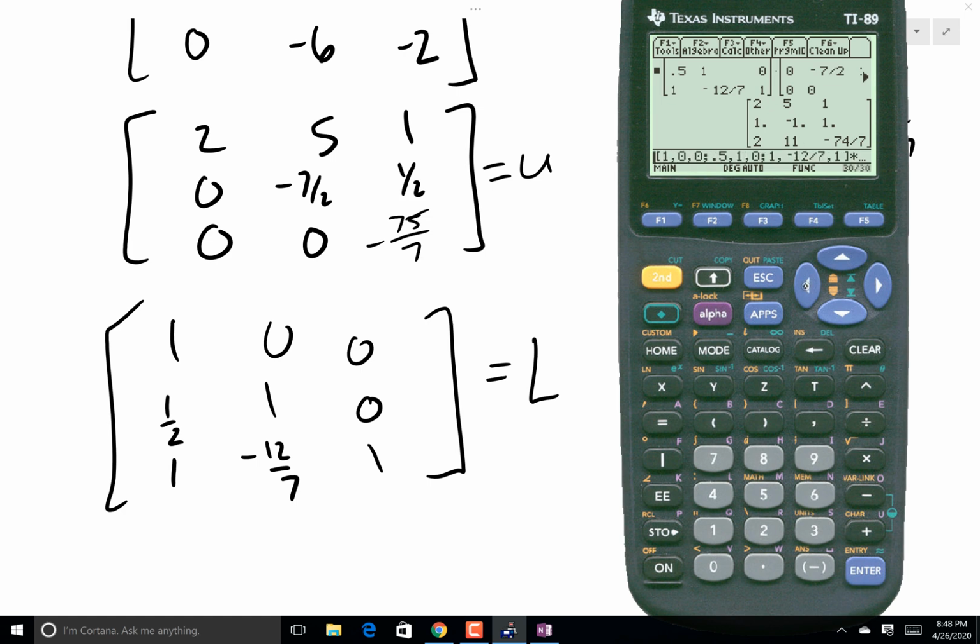It's fine. It's always my fault. 1, 0, 0, 1/2. 1, 0, 1, negative 12 sevenths, 1. 2, 5, 1, 0, negative 7 halves, 1/2. 0, 0, 0, negative 75 sevenths.